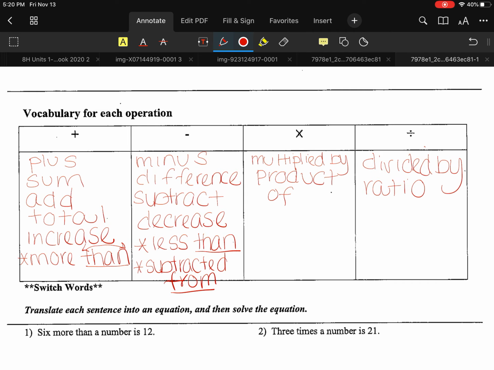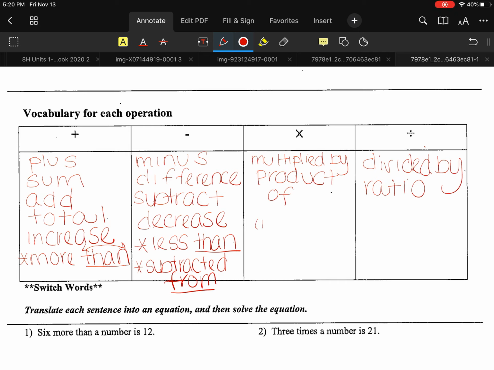Stay away from using the word each in the multiplication and division column because it depends on what information they're providing you with. If they give you the total and they ask for each, then you would divide. If I tell you how much each one is and I want you to find the total, then you would multiply.